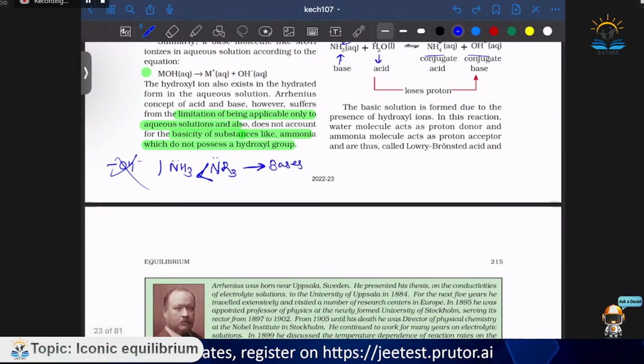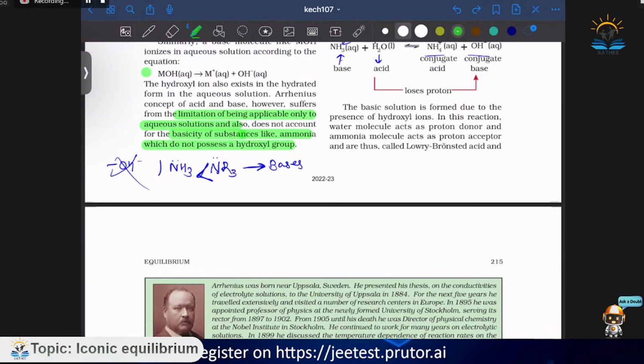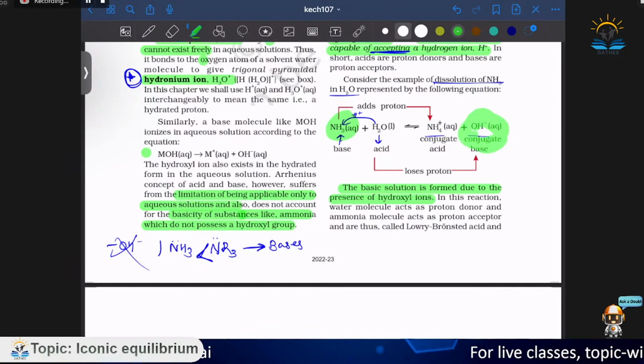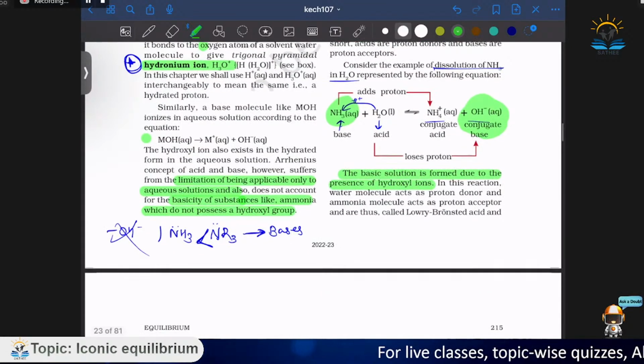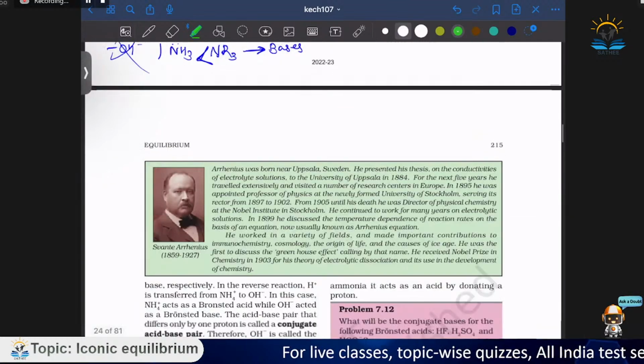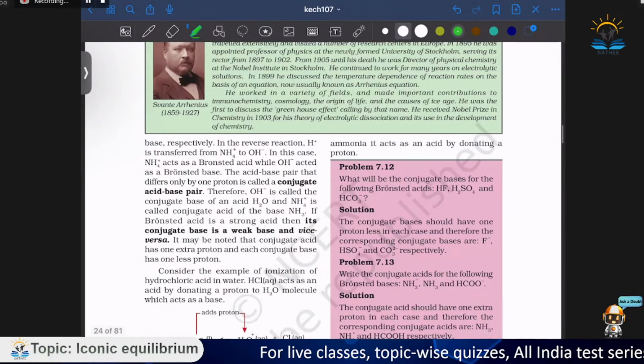Okay, the solution is made basic due to the presence of hydroxyl ion. So this also explains why an aqueous solution of ammonia is basic, because of production of hydroxyl ions. Okay, these molecules are called Lowry Bronsted acid and Lowry Bronsted base.